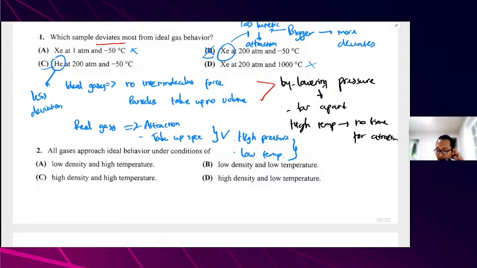Again, all gases approach ideal behavior under conditions of low density and high temperature.